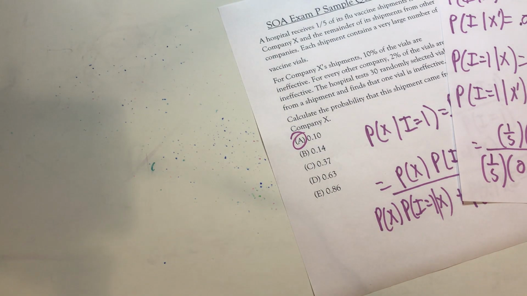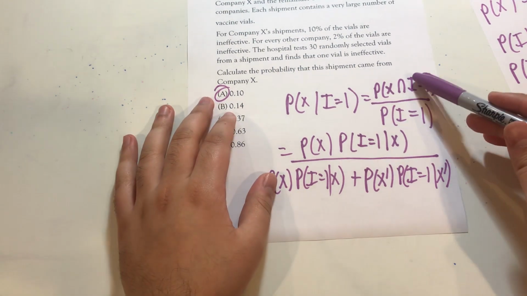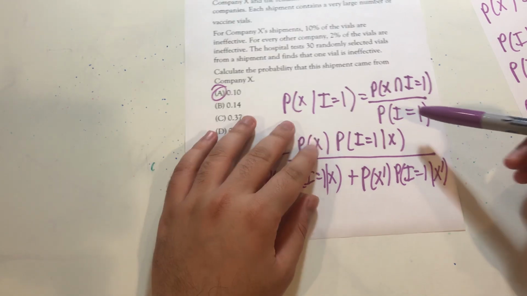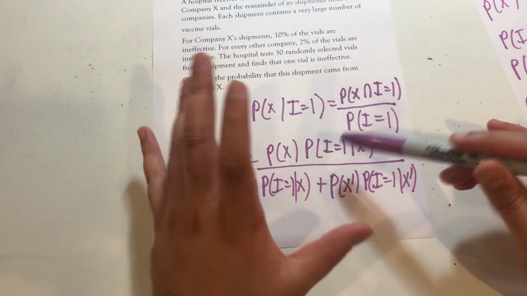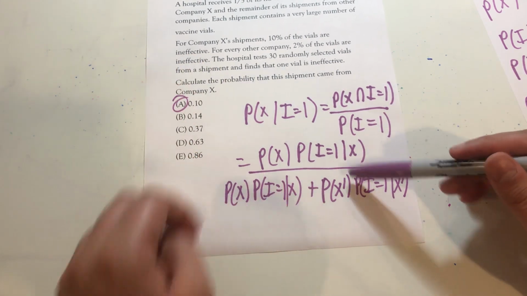All right, so what can we learn from this problem? Well, the first bit of it involved setting up your conditional probability. You realize, okay, I don't actually have this information in terms of X and exactly one vial from a batch of 30 being ineffective. So I set up Bayes' theorem.